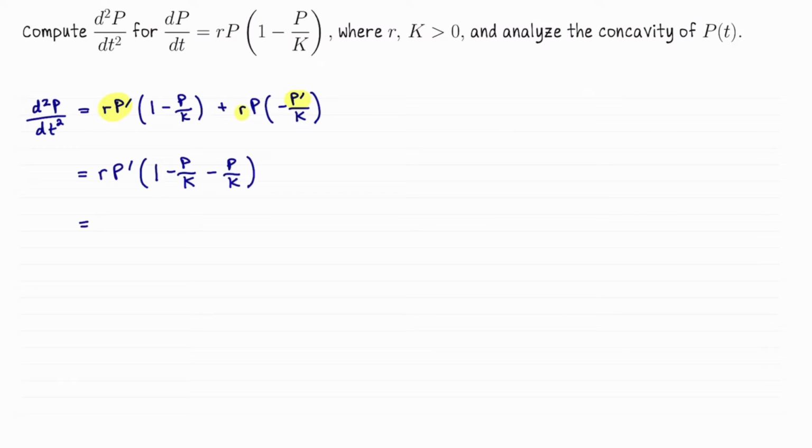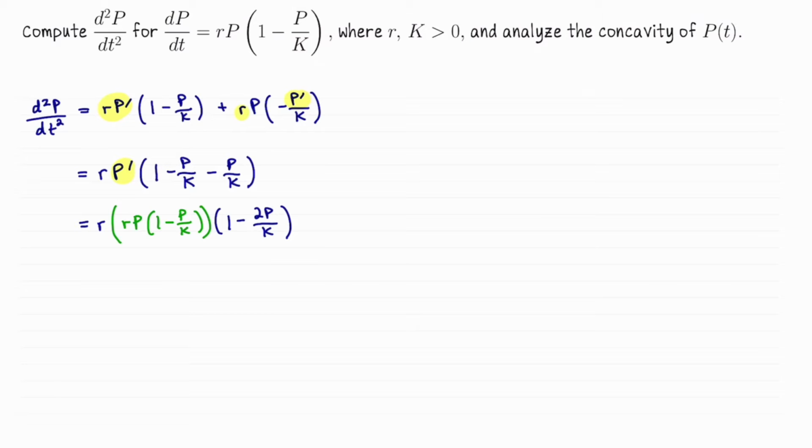Okay, so obviously we can do that last part as 1 minus 2p over k, but additionally, let's take the p prime here and replace it with the whole right-hand side that we started with, because that's what dp dt is. So I can write r times the quantity rp times 1 minus p over k. So that is p prime, and then times 1 minus 2p over k.